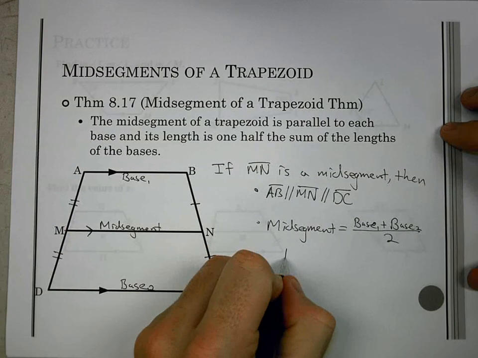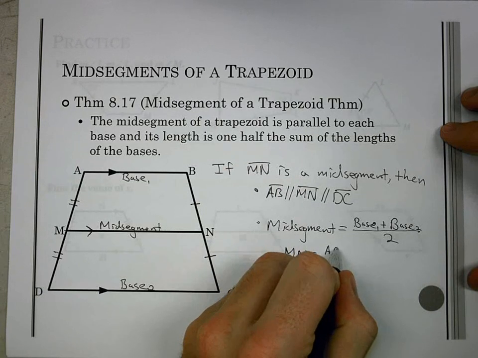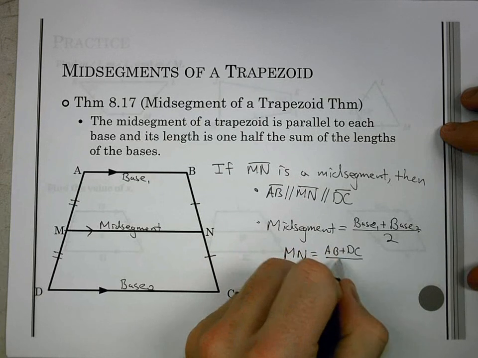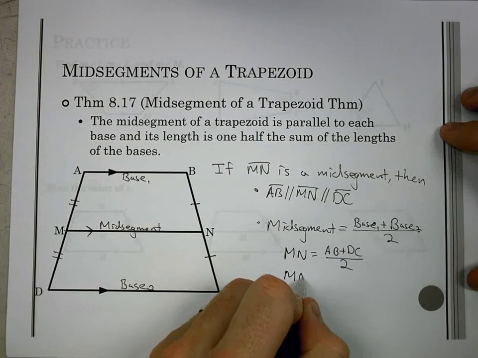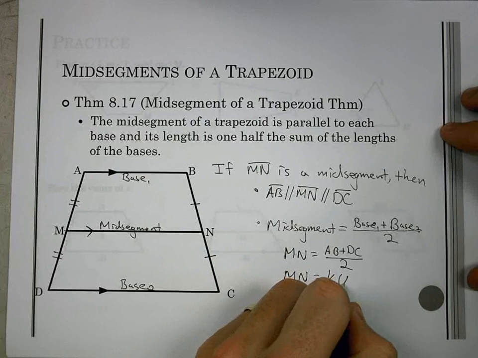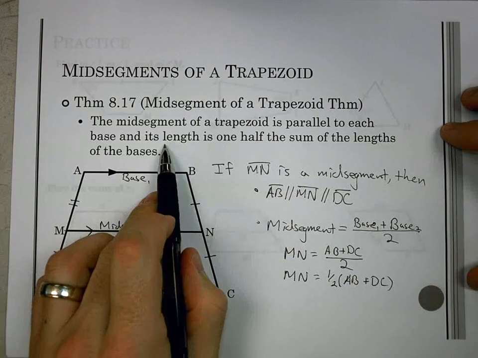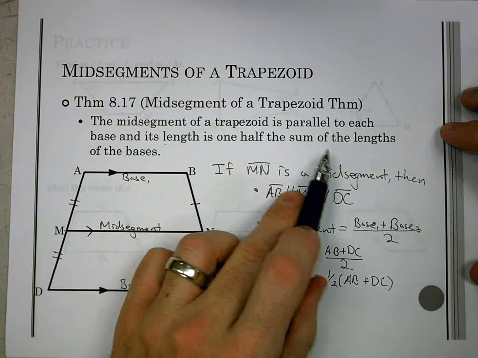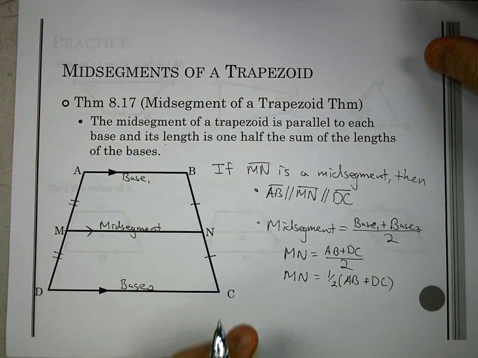Well, that'd be MN equals AB plus DC divided by 2. We can move that 2 and make it, in fact, MN equals 1/2 (AB plus DC), which is the same thing, but fits a little bit more, 1/2 the sum of the lengths of the bases. The key thing is this is the average of the values. That is what the midsegment will be. It is also in the middle.